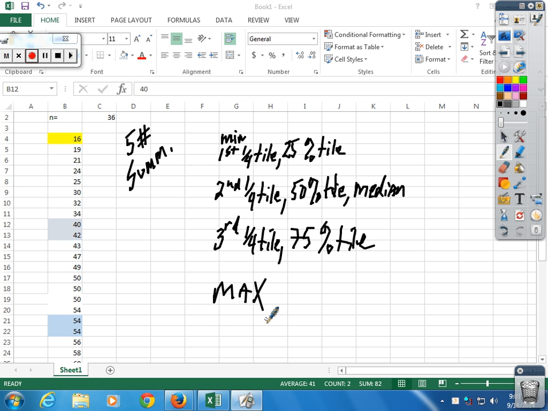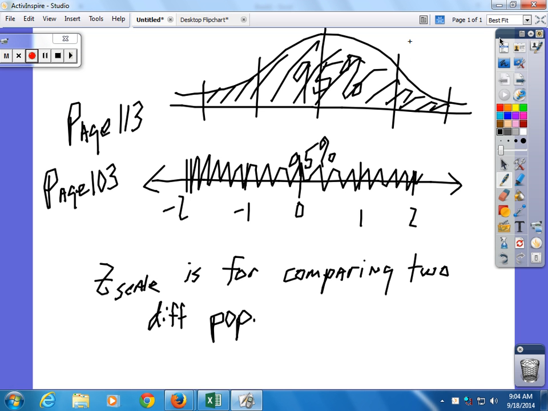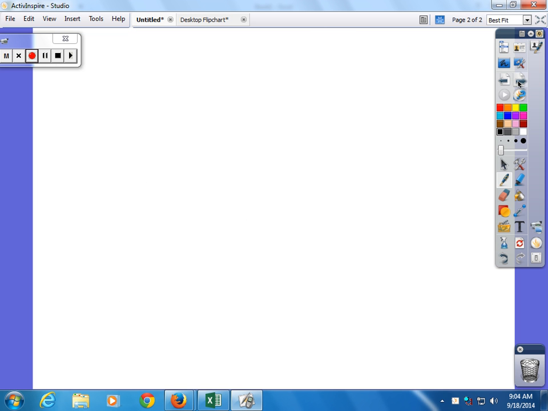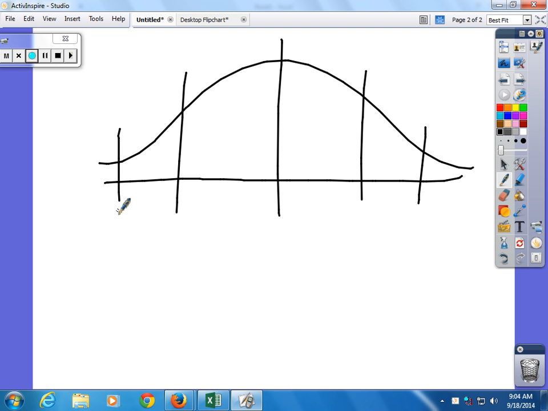All right. Now, what are the quartiles? Well, remember the handy-dandy curve right here. What is the line right here? We know it's the mean, but what is that? It's the middle, the center.